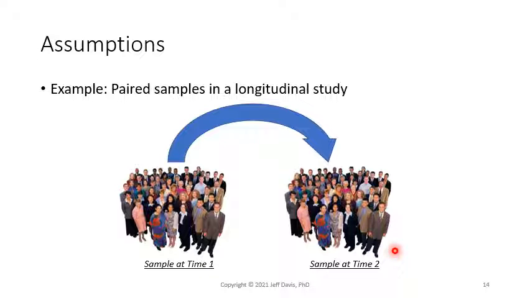And typically, between time one and time two, they're subjected to some sort of stimulus. And then we want to mark the change in their happiness or whatever after exposure to that stimulus. So paired samples in a longitudinal study.